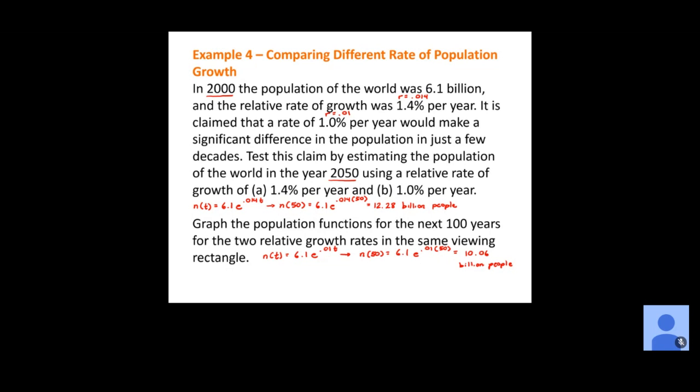But when you're talking about such a large population over a 50-year time period, it can make a significant difference in your estimates, right? And so that's why it's so important that scientists figure out what these percentage rates of growth are and are pretty accurate in those percentage rates of growth so that we can actually make these predictions much better, right? Because 1.0% would not be accurate enough if the true population growth is 1.4% instead.